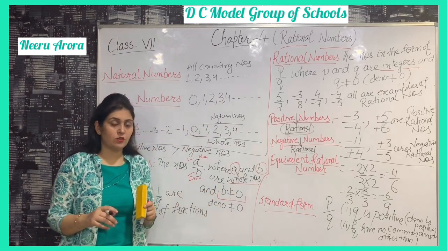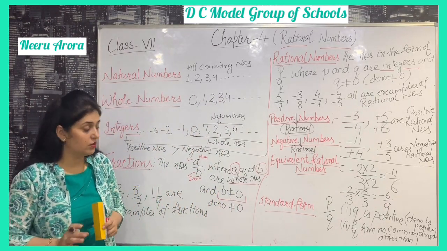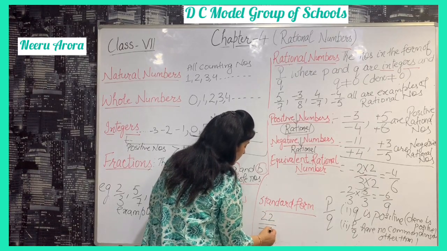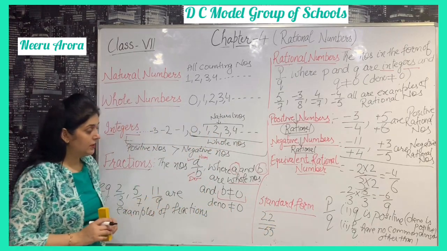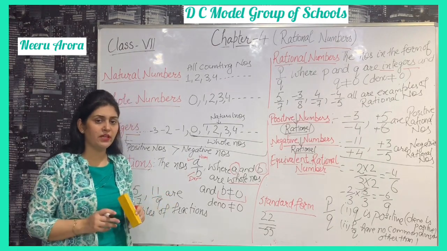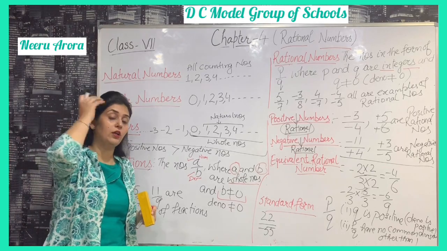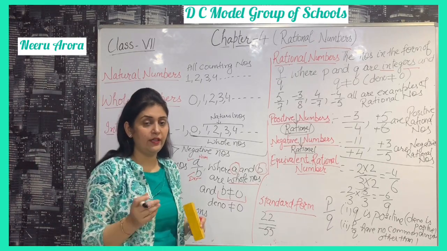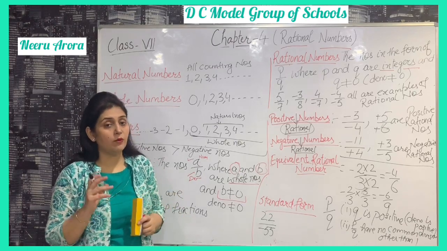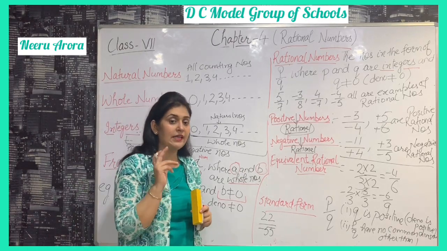There is a common divisor 1, but not other than 1. Let's take the example 22 by minus 55. Is there any common divisor of 22 and 55? Yes, both are multiples of 11: 11 twos are 22, 11 fives are 55. So there is a common divisor other than 1, that is 11.